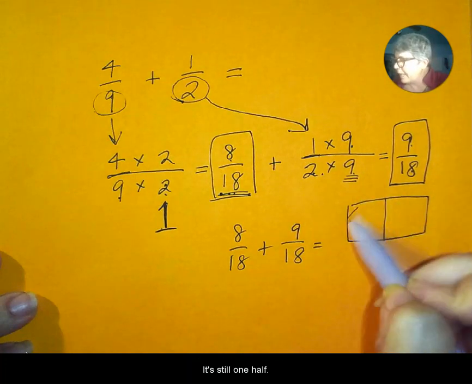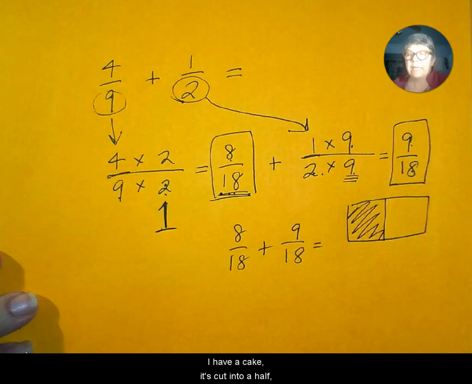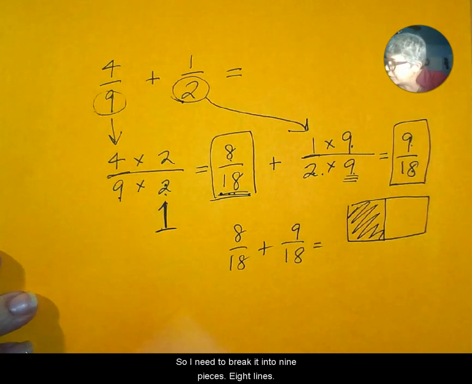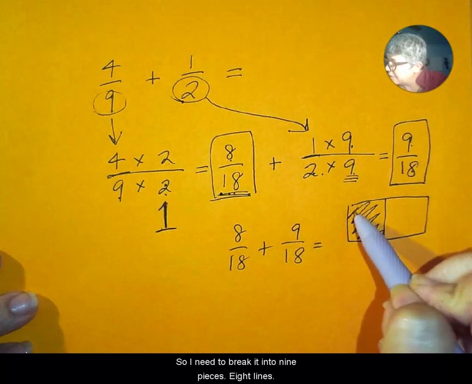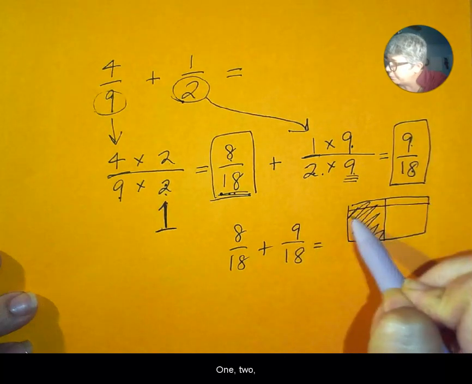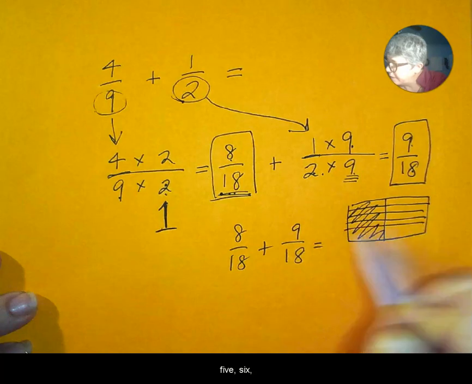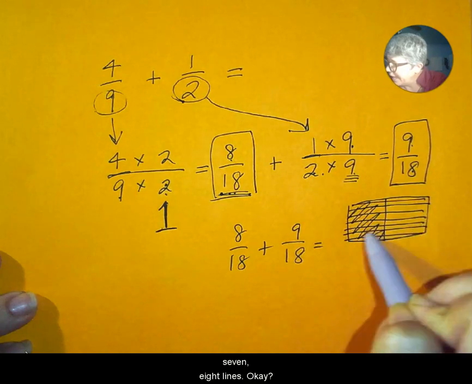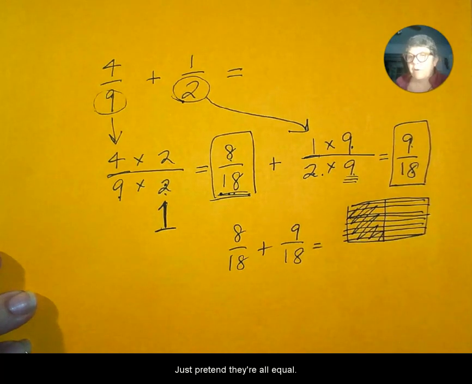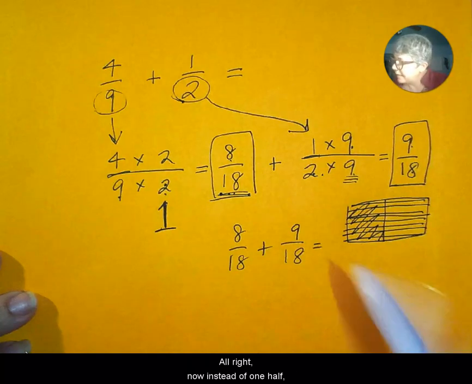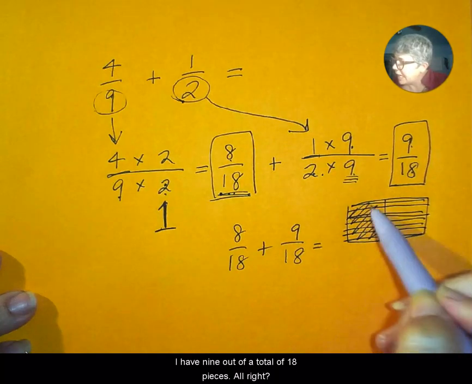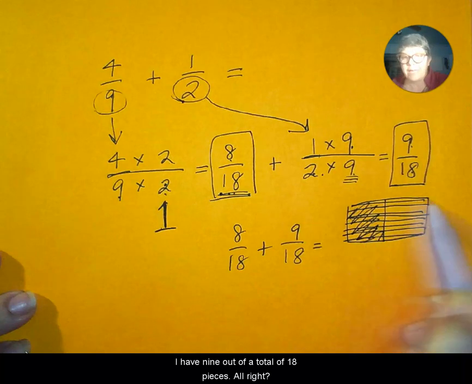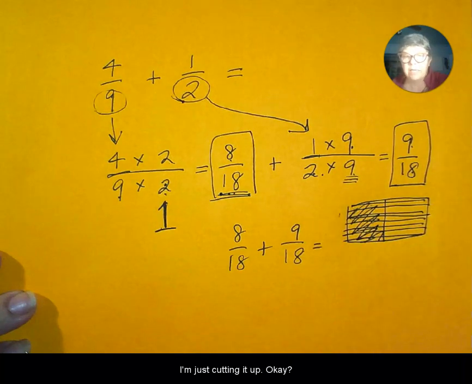It's still 1/2, right? I have a cake. It's cut into a half, but a whole bunch of people show up. So I need to break it into 9 pieces, 8 lines. 1, 2, 3, 4, 5, 6, 7, 8 lines. Okay, just pretend they're all equal, all right? Now, instead of 1/2, I have 9 out of a total of 18 pieces. All right, I'm just cutting it up.